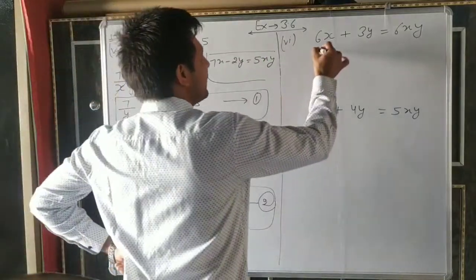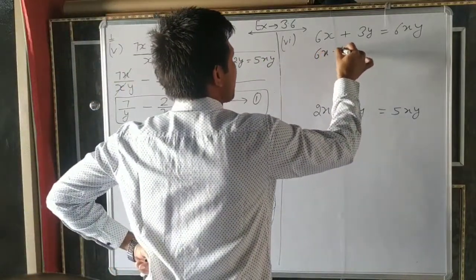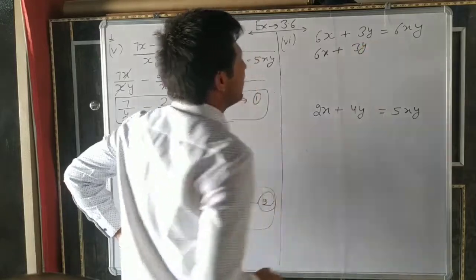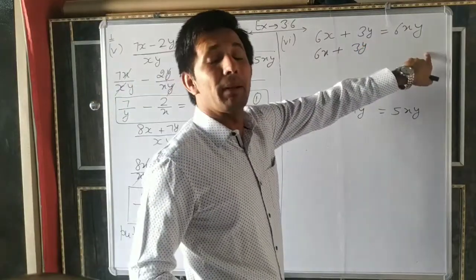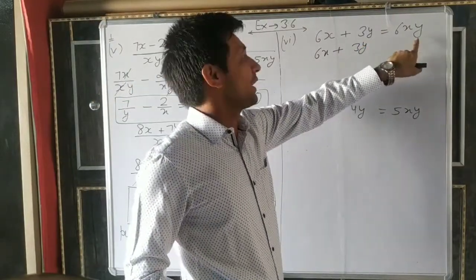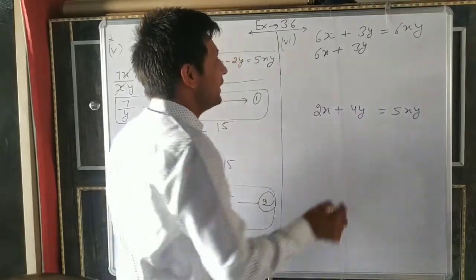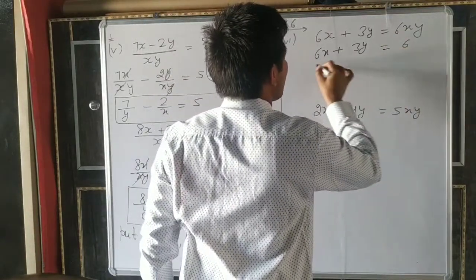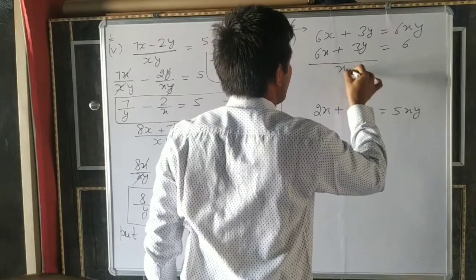What will we write? It means 6x plus 3y, and you know 6 multiply xy: xy is here multiplying, on the other side it divides.